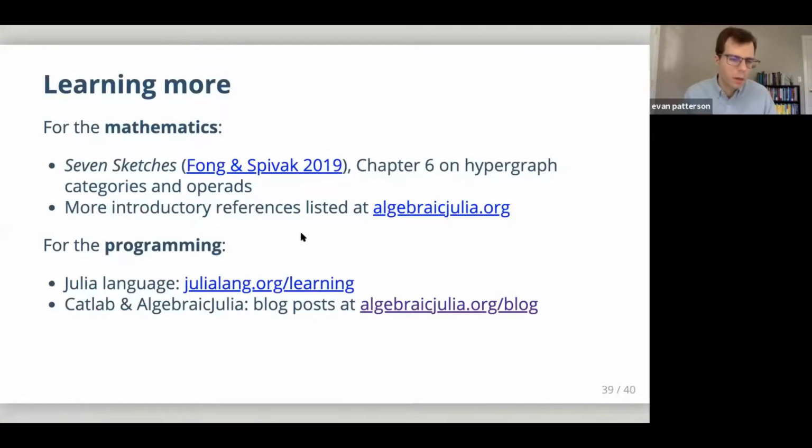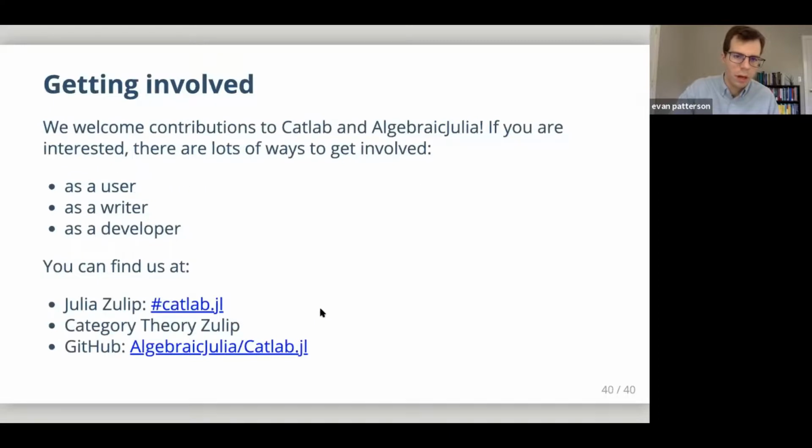To get started with the programming aspects, for Julia itself, the JuliaLang website has a large list of resources, and the official manual is also pretty good. As for CatLab, we are working on documentation of various kinds. For now, the best introductory content would be the blog post that we've written.